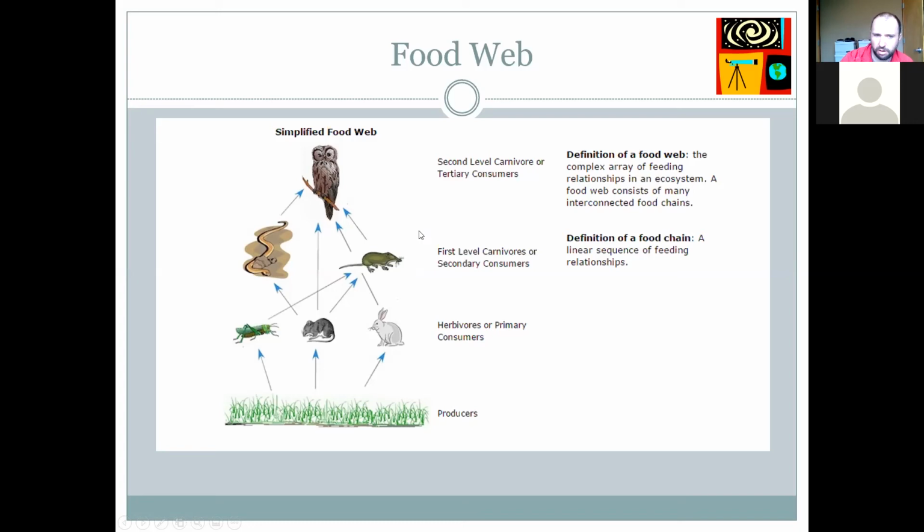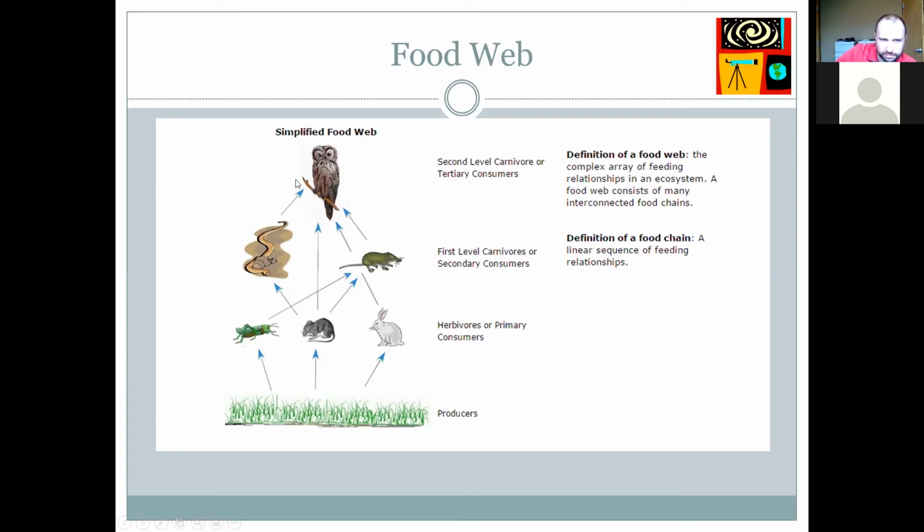These are what we call the first level carnivores or secondary consumers. So again, like we said, these are animals that are eating or preying on the primary consumers. So the snake is eating the mice, the rat or whatever this weird animal is, a gopher or a mole, they're eating mice and they're eating crickets. They're not consuming the grass, they're consuming these guys.